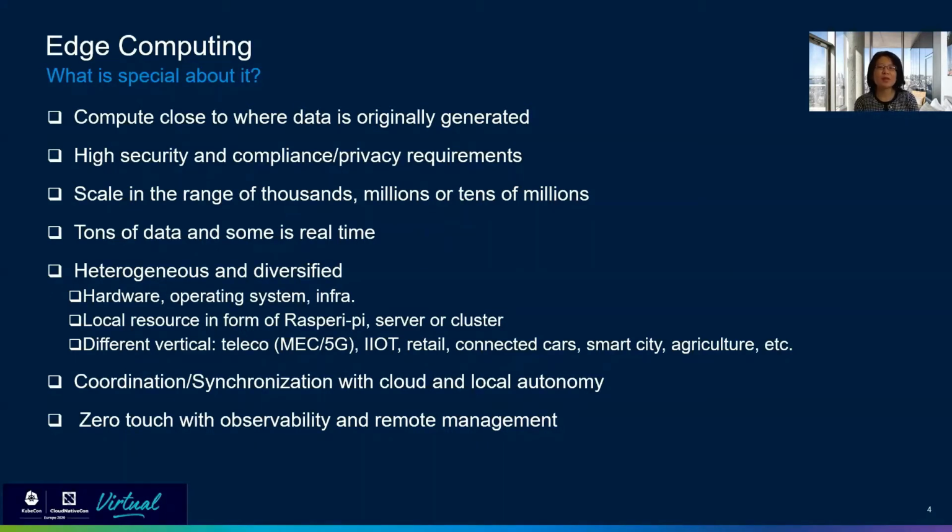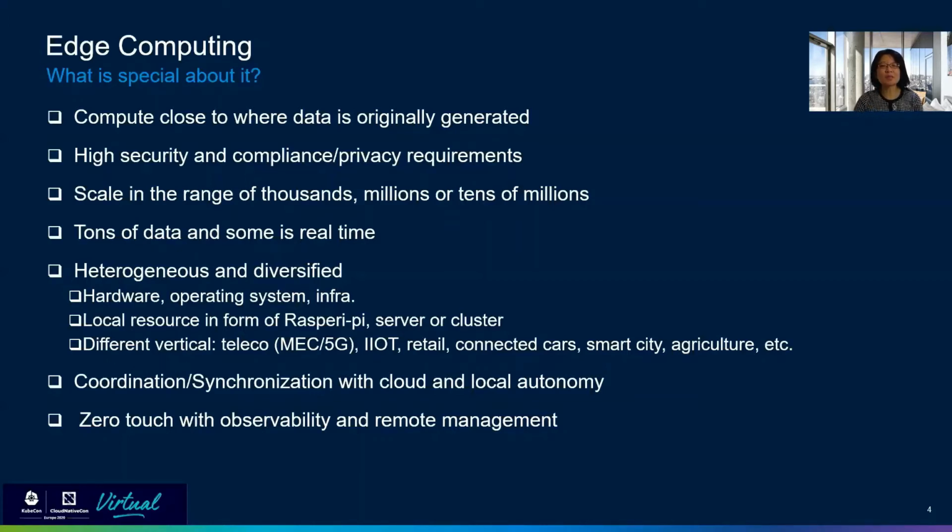Edge computing is very diversified and heterogeneous. Hardware, operating system, and underlying infrastructure can be quite different. Local resources can be in the form of Raspberry Pi, server machine, or cluster of machines.